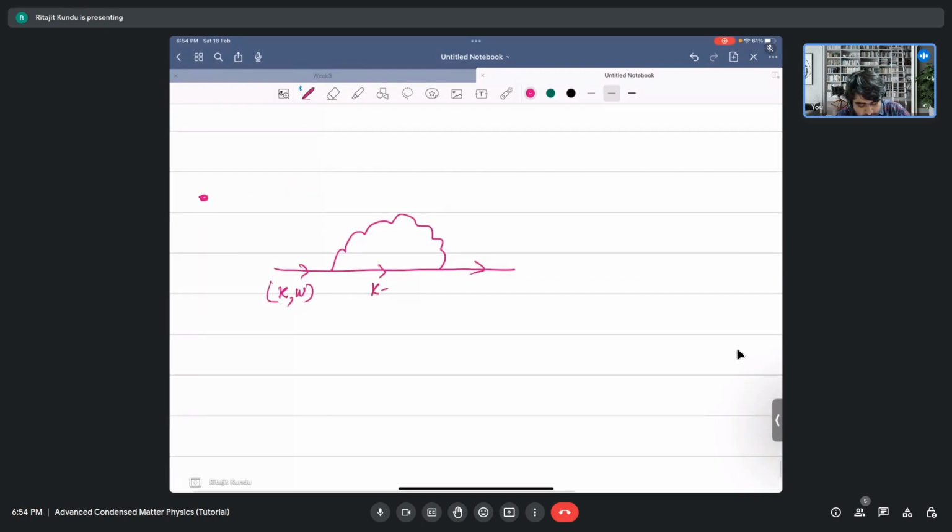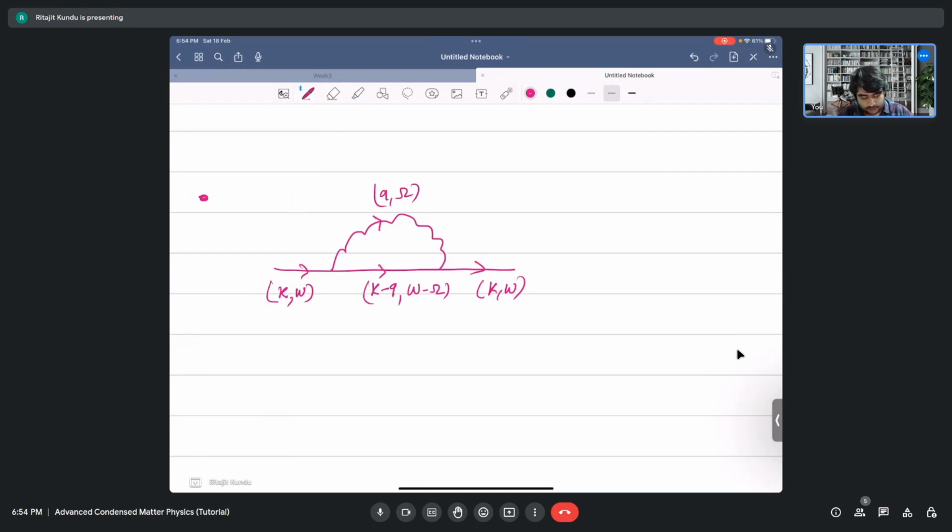If I write k minus q and omega minus some omega for this line, then this Coulomb line has to carry q and this energy, and then I can end up with k comma omega. On all of the vertices energy and momentum are conserved.